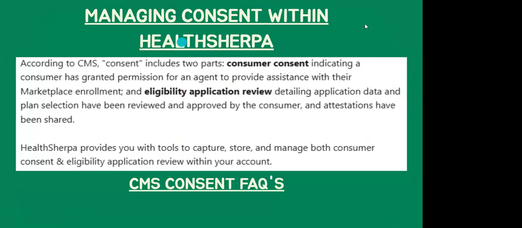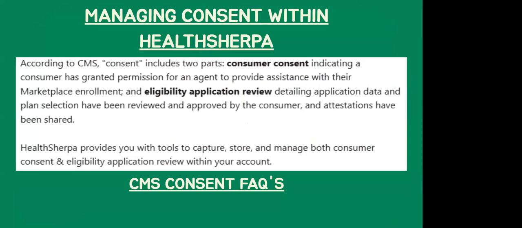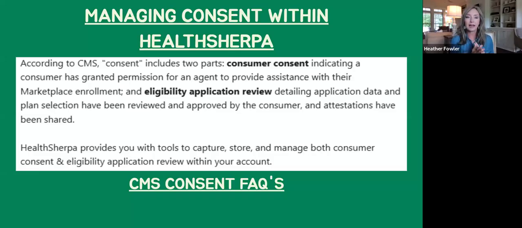So let's start here with, according to CMS, consent has two parts, okay? You're going to have the initial consent indicating that the consumer has granted permission for you to search the marketplace for their application, fill out their application, and provide assistance with their enrollment.